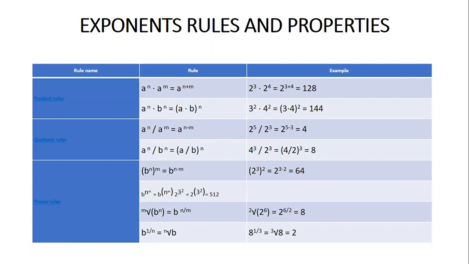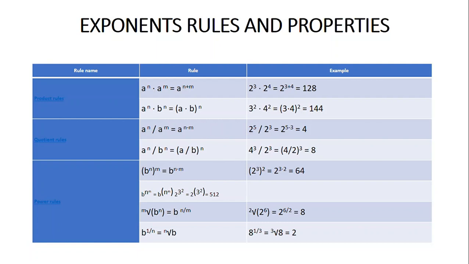Case 4 for power rules is when we have a number to the fraction. The exponent is a fraction, but not any fraction. A fraction when the numerator is 1. Then in this case, always we have to transform into a root. A root where the index is going to be the denominator of the exponent fraction, and that's it.